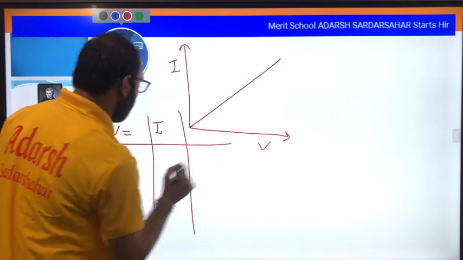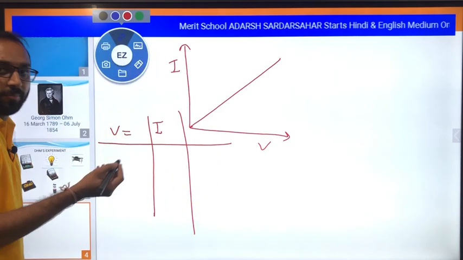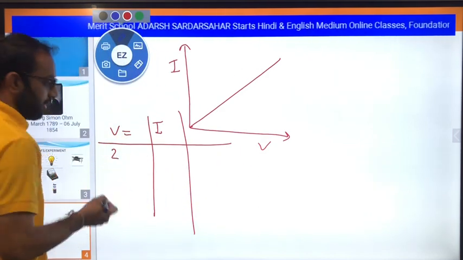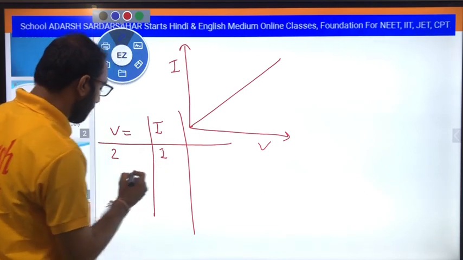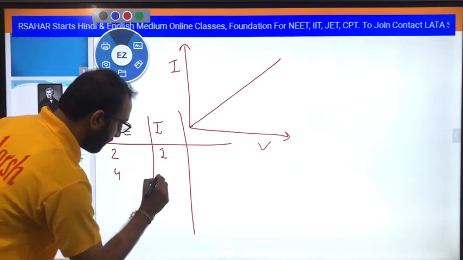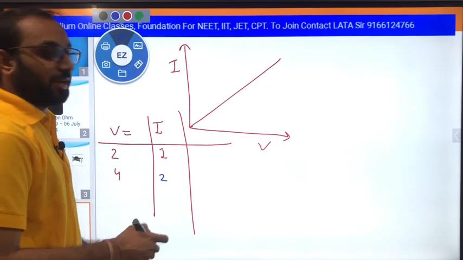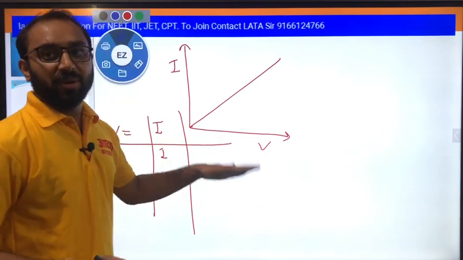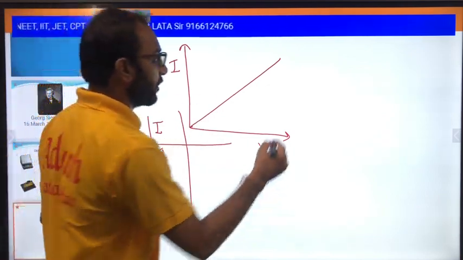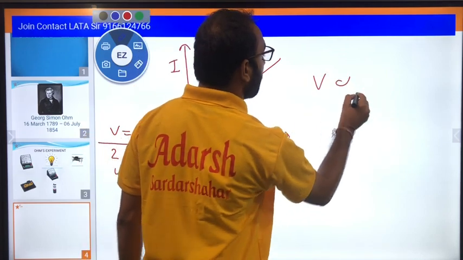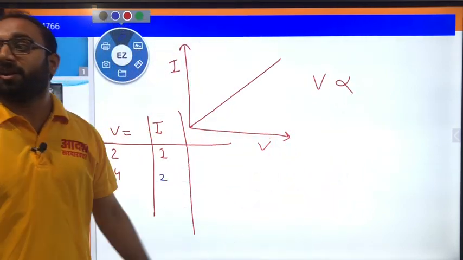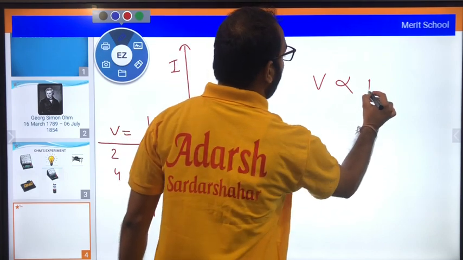For example, firstly the potential is 2 volt, then the reading is 1 ampere, and then 4 volt gives 2 ampere. Then a relation is found between V and I. And it is an important relation in the electrical field all over the world.